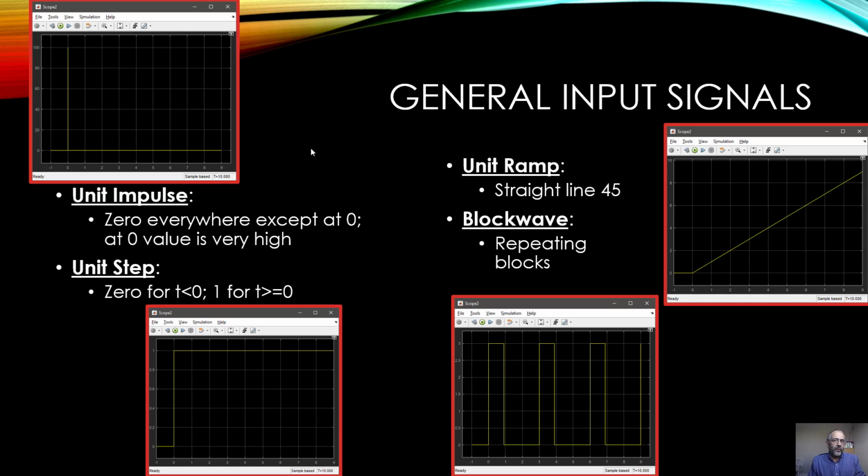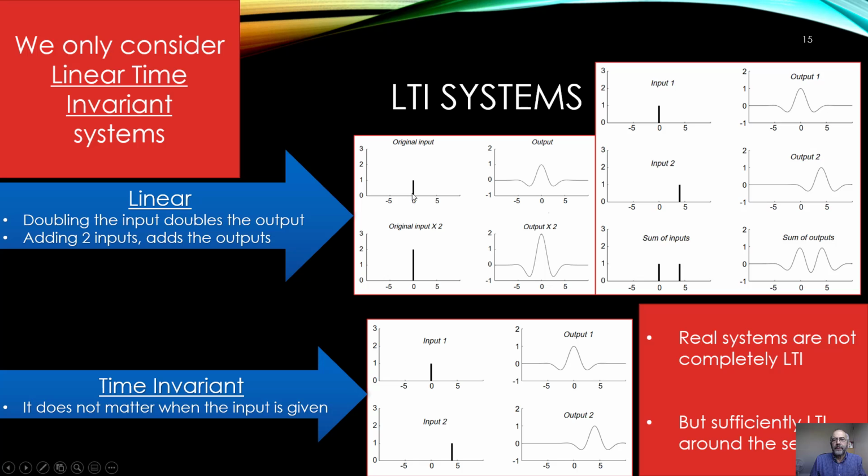Then some input signals that we will often see. One of them is the impulse. An impulse input is an input that is almost always zero, except for one moment in time where it is very high. We also saw that here. Here's an input that's zero everywhere, and then at time zero, it has a peak.